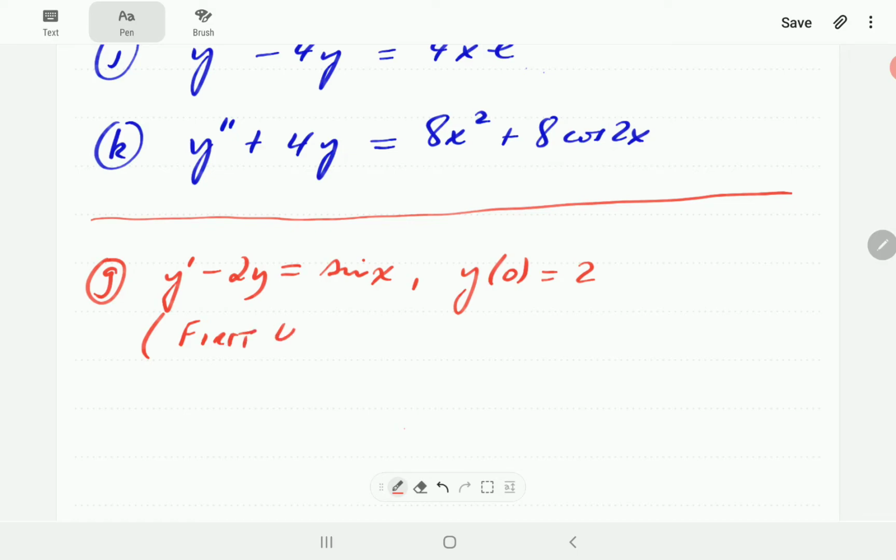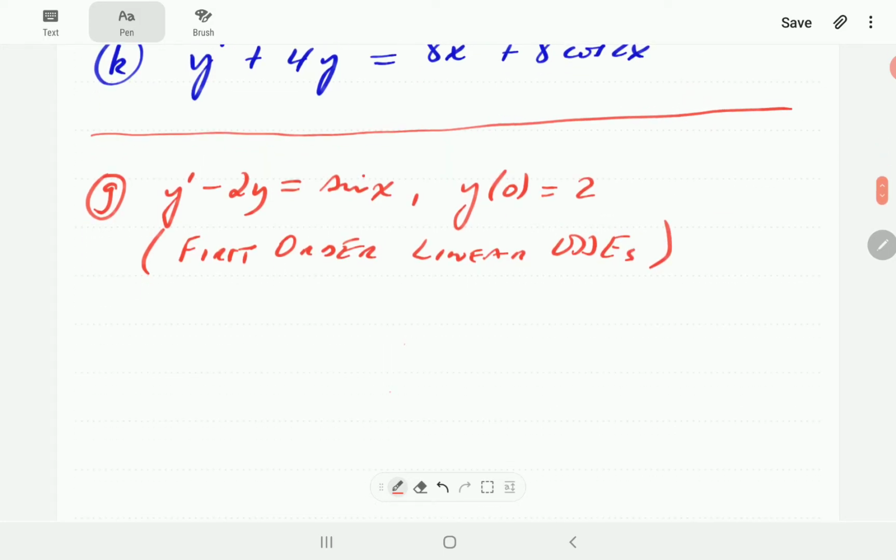So if you want to check the approach that was done there for linear first order ODEs, then that is going to be very instructional.